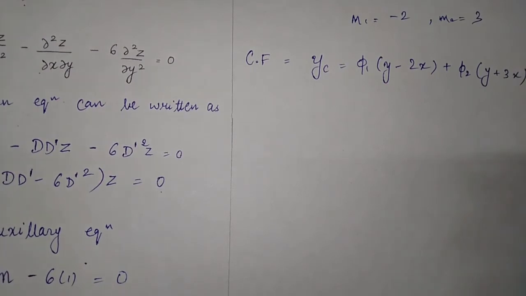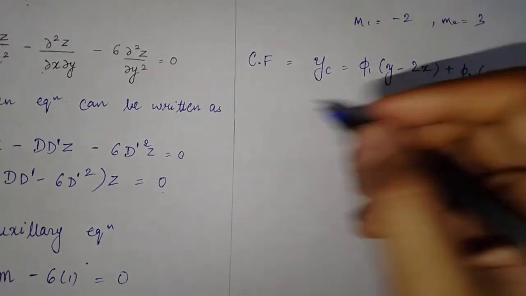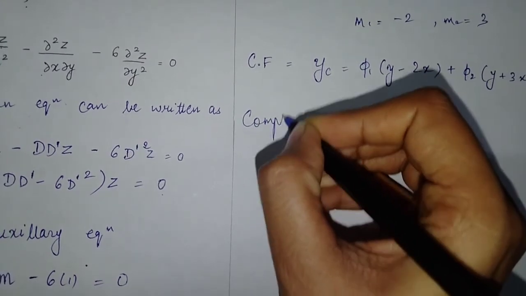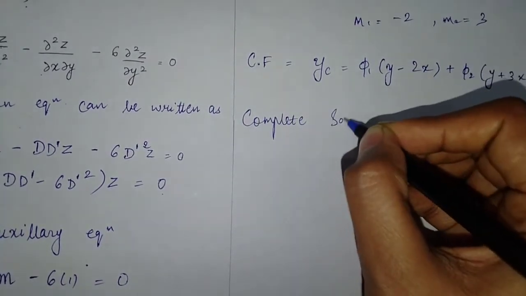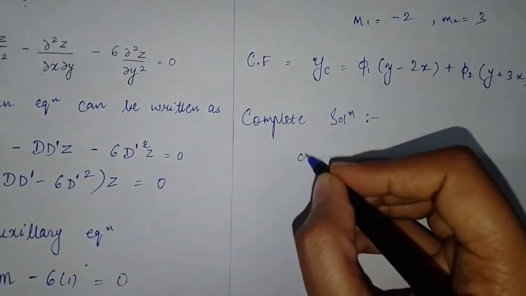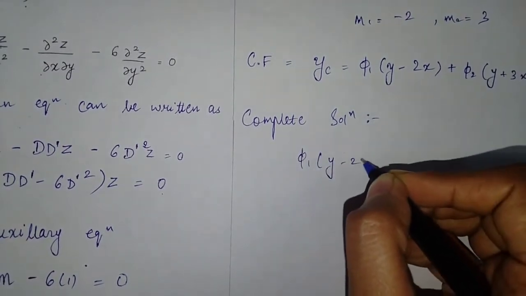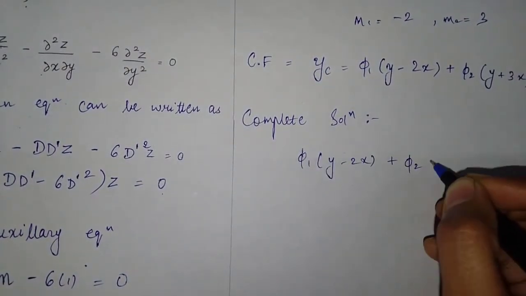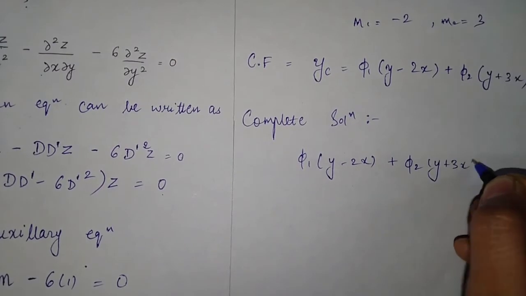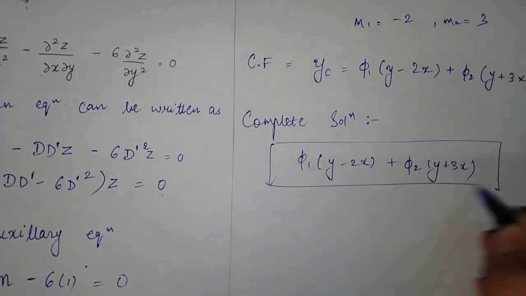So this is your CF, that is the complementary function for the given example. So the complete solution is given by phi1 (y minus 2x) plus phi2 (y plus 3x). Okay? So this is the answer of this question.